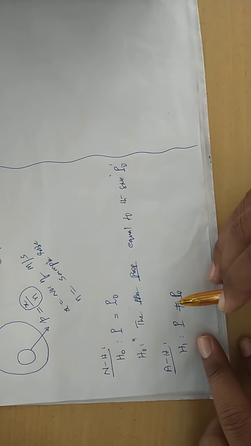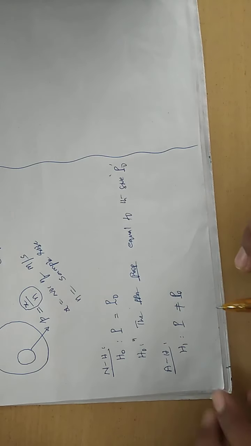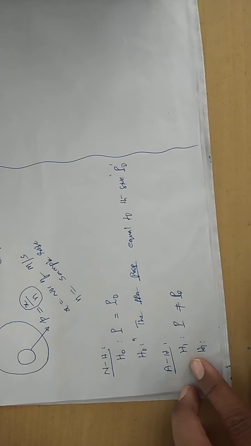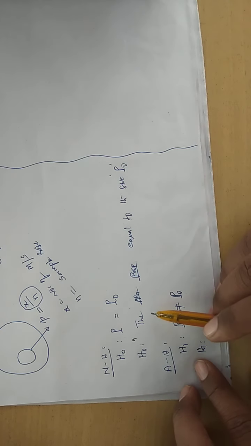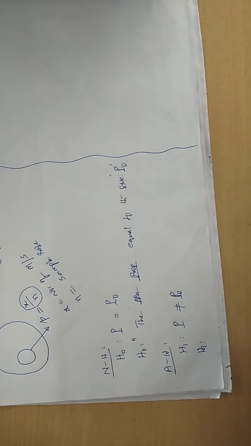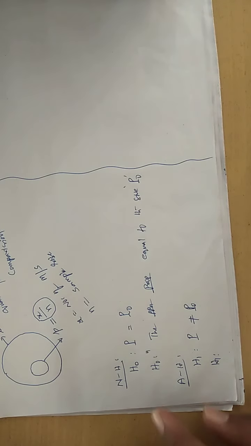In the problems you may get not equal to, less than, greater than, like that. But in the theory we simply write not equal to. Then the statement is going to be H1: the population proportion is not equal to the given value, that is, P naught. So these are the null and alternative hypothesis.